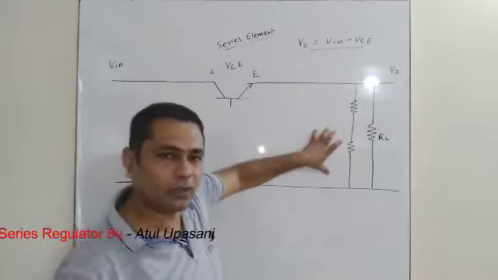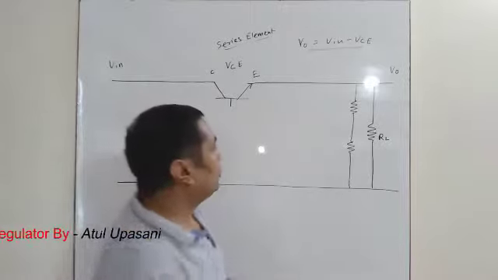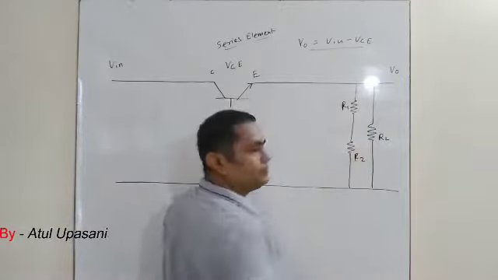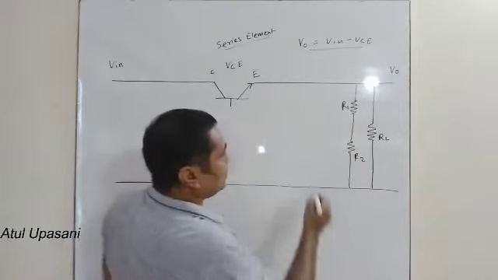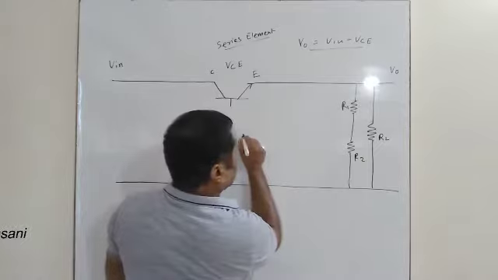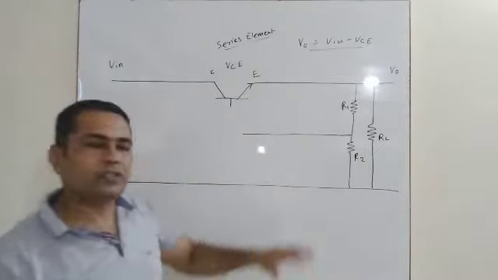So for this we have constructed a voltage divider using resistors R1 and R2. Here a simple voltage divider is used, and the voltage across the resistor R2 is used to check the fluctuations.